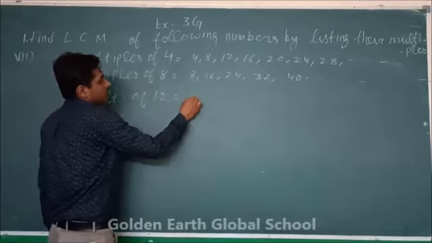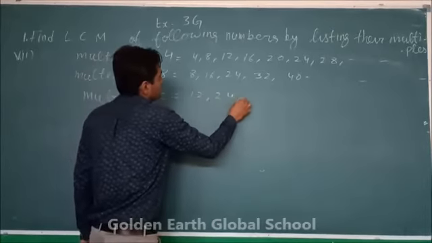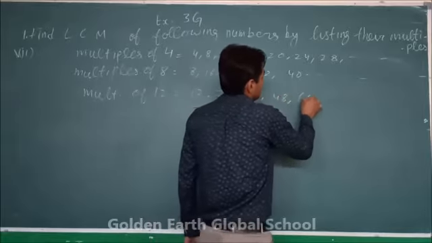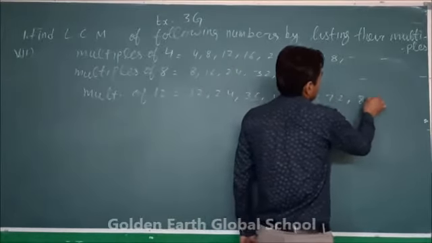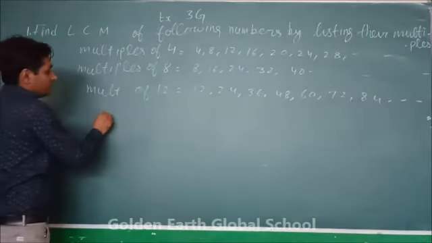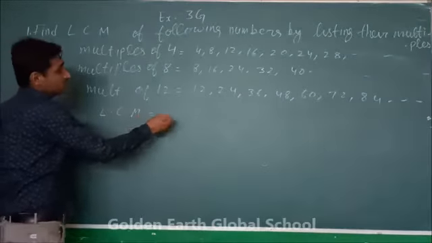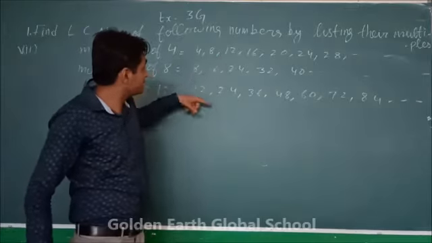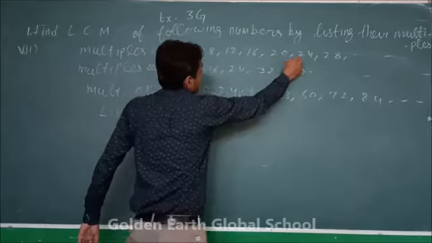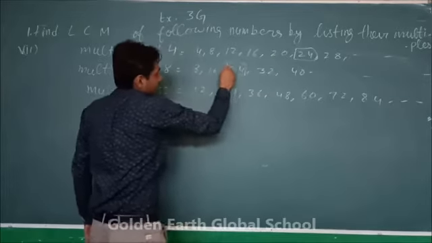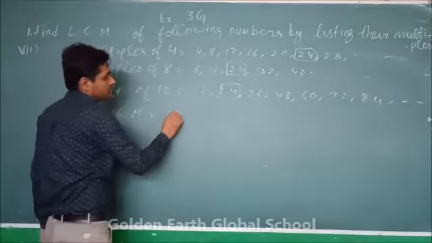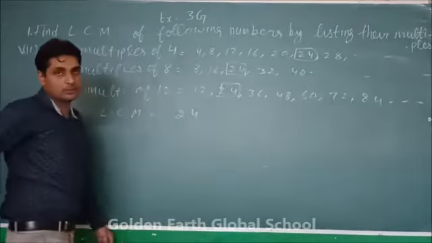Similarly 12, 24, 36, 48, 60, 72, 84. For the LCM, you know, find which is common in all 3. The common one is 24. 24 is common and it is the lowest. So the LCM is 24.